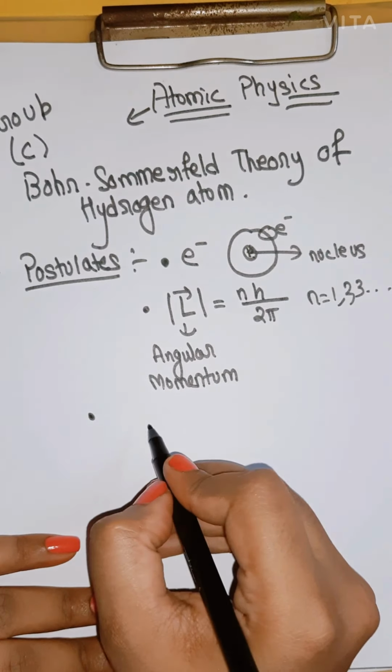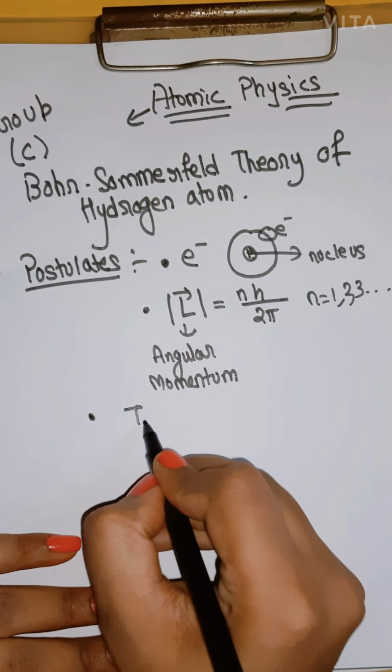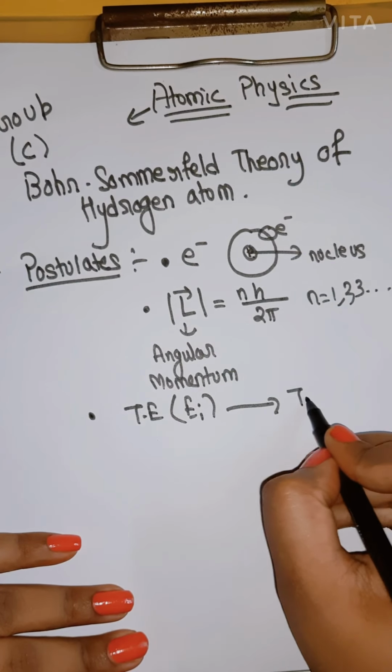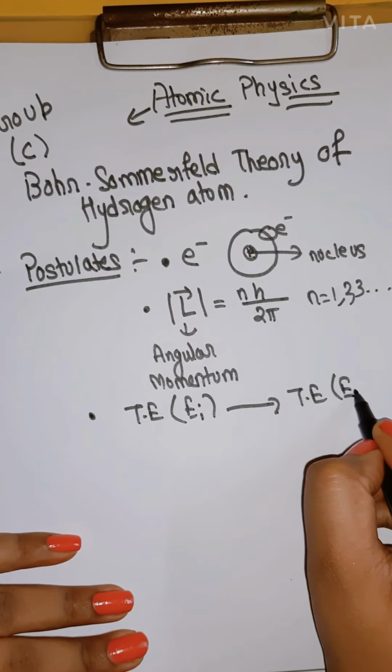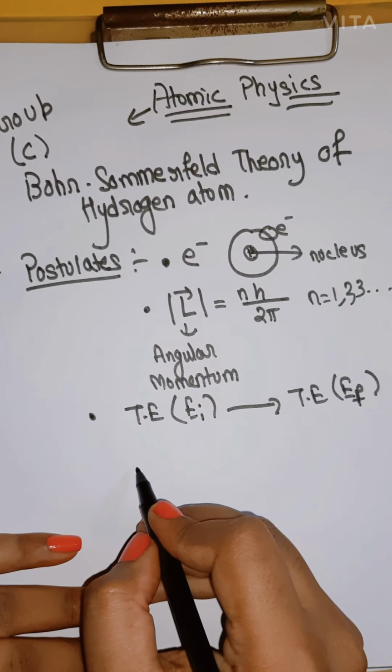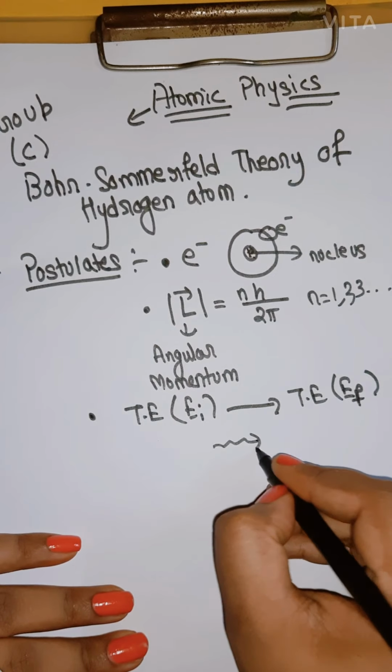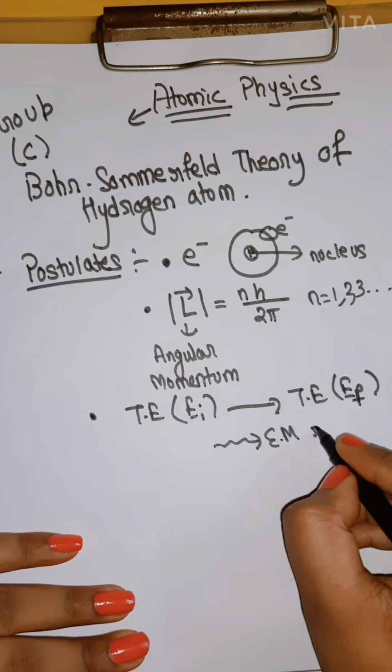Thirdly, when an electron makes a transition from one orbit of total energy Ei to another orbit of total energy Ef, then absorption or emission takes place in the form of electromagnetic radiation.